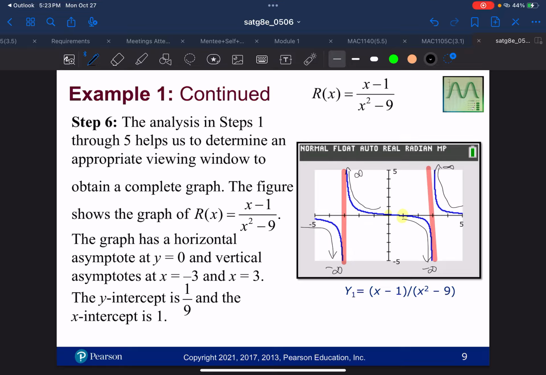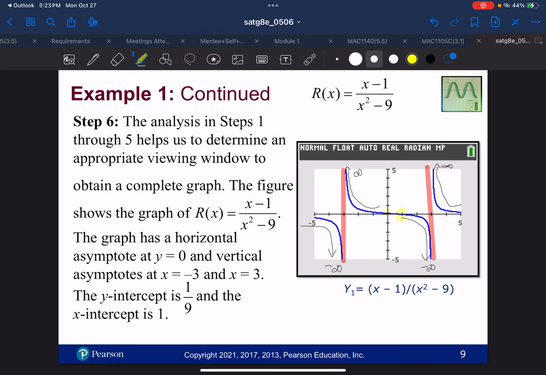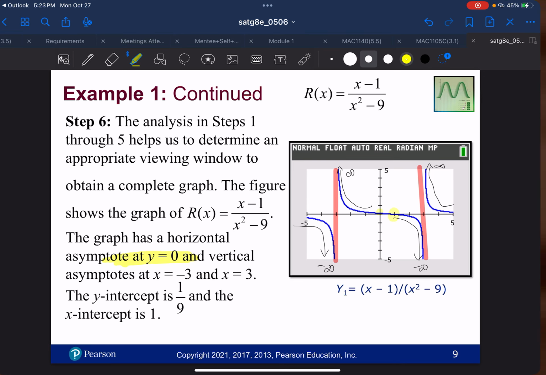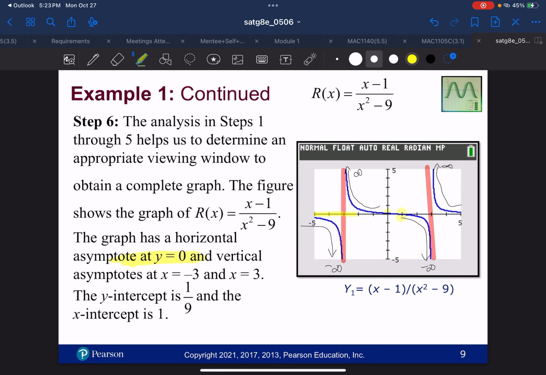Now I'm plugging this into the calculator to get an idea of the rest of the graph. Oh, and then the other one was a horizontal asymptote at y equals 0, but it appears that our graph is definitely crossing that horizontal asymptote because we found an x-intercept. So of course it is crossing the line of y equals 0.